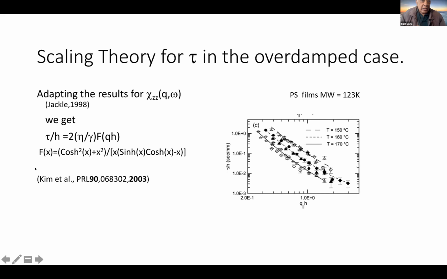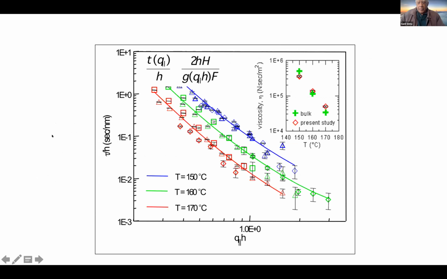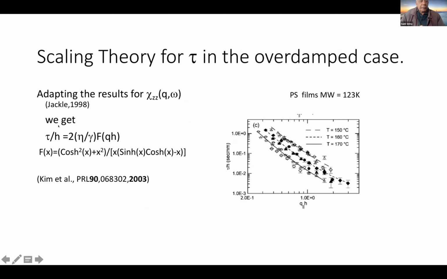It showed that the relaxation time over the thickness of the film was related to the ratio of the viscosity to the surface tension times this universal scaling function of the dimensionless wave vector times the thickness of the film, where this function was this series of sines and coshes over here.